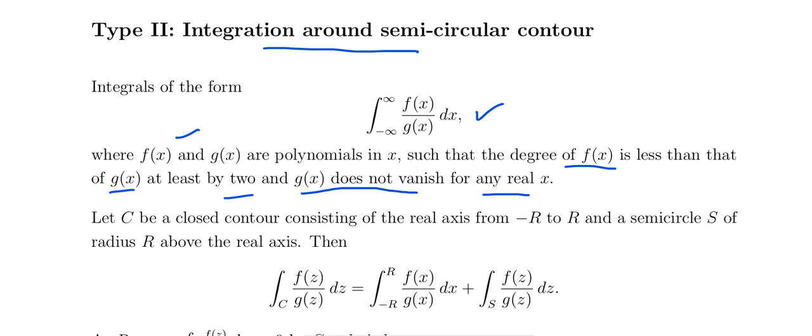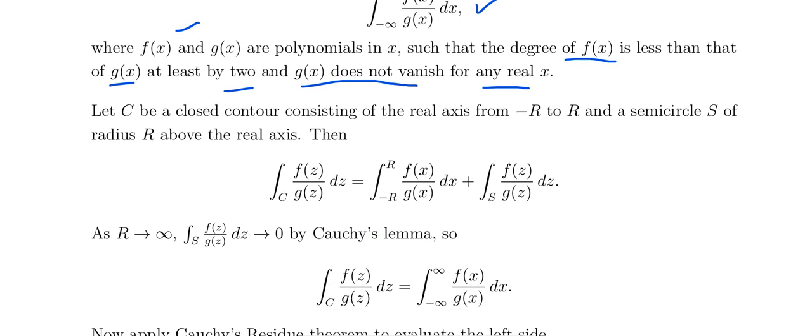So in the case of f of x by g of x, where the limit is minus infinity to infinity, it is called the second type, and that is the integral around the semicircular contour. The degree of f of x is less than the degree of g of x at least by 2, and g of x doesn't vanish for any real x.